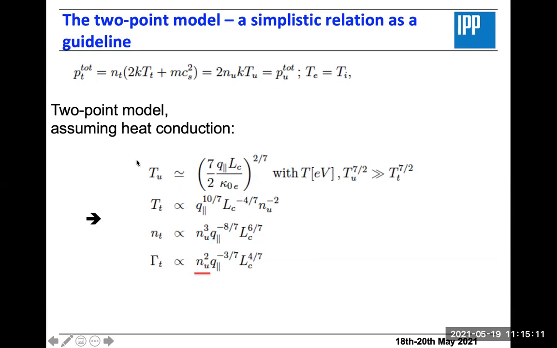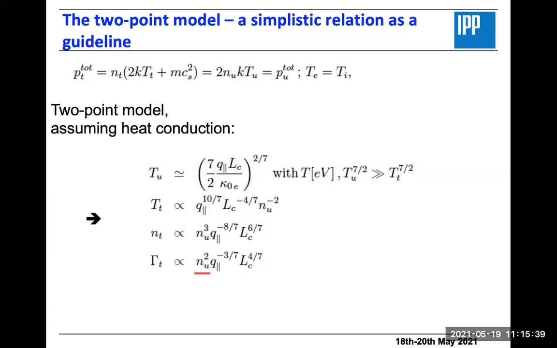You can find a relationship for the upstream temperature, which tells you that the upstream temperature is proportional to the parallel power flux upstream to the 2/7. This parallel power flux, we said, is the power entering the scrape-off layer, so P_sol divided by some surface area, which depends on the decay length lambda_q.